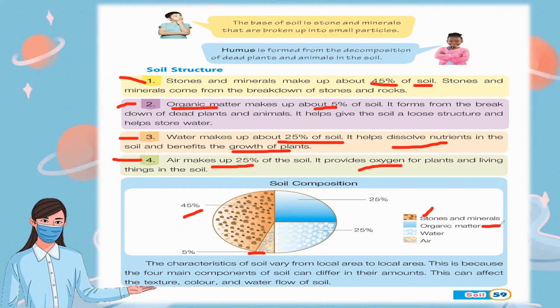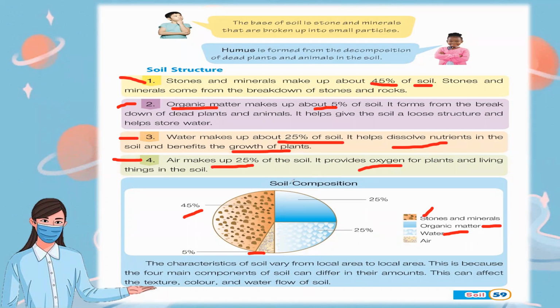And 25%, that is water, okay? Water will help to dissolve nutrients, and those help for the growth of plants, okay, students?